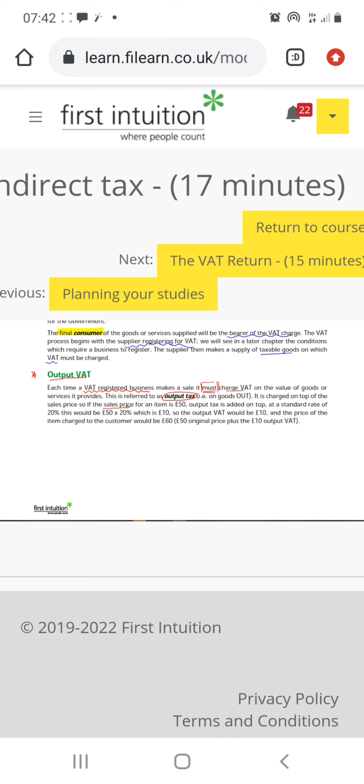So it's 20% for standard rated VAT, which would mean if an item costs £50 without the VAT, the VAT will be 20% on top of that. So we work out 20% on top of the £50 gives an extra £10, meaning that the price of the item is now going to be the full £60.